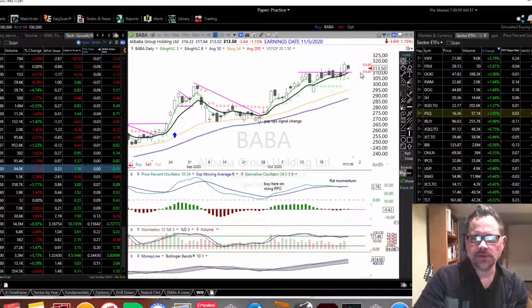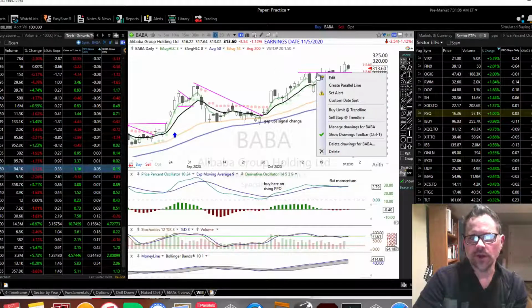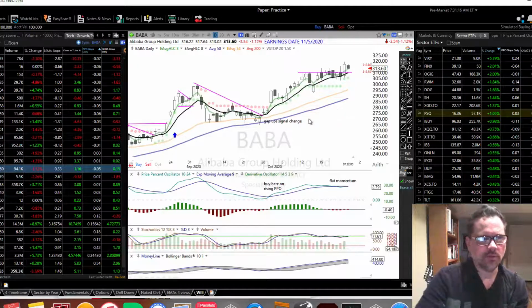So what I have here is an uptrend in BABA and a break of some horizontal area here. This candle yesterday showed a nice break. So we'll see if that continues with the issues with the overall market right now. But these ones were kind of breaking through.